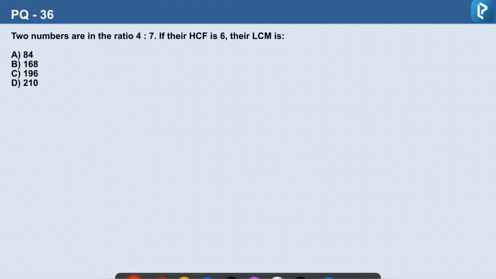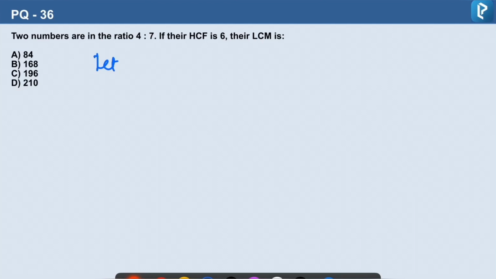Question number 36. This is also a similar question. Two numbers are in the ratio of 4:7. Their HCF is 6. Their LCM is what? So let us assume the numbers as 4H and 7H.